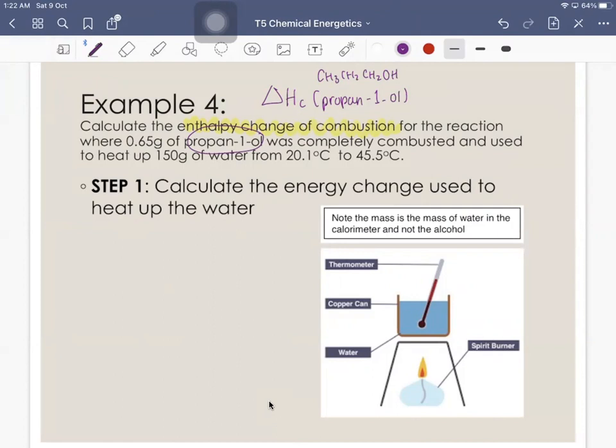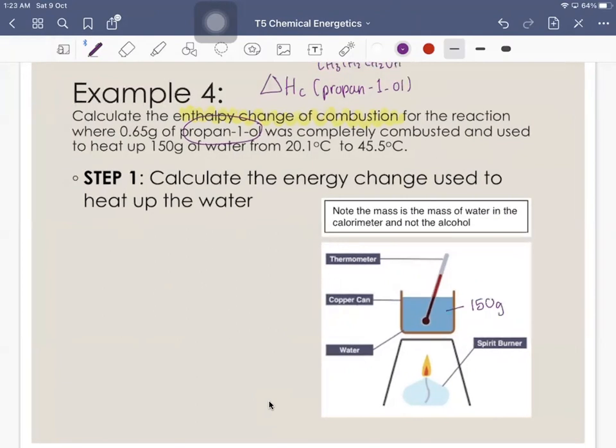I show you the diagram, but in the exam, you wouldn't have the diagram. So this water is 150 grams. And then in the combustion burner, we have 0.65 grams. So please make sure you are able to distinguish between these two masses, because if you use the wrong mass for the calculation, then your answer will be wrong.